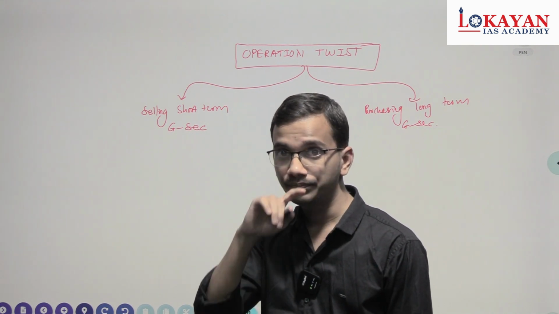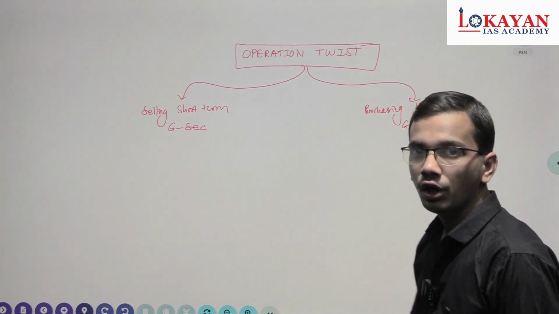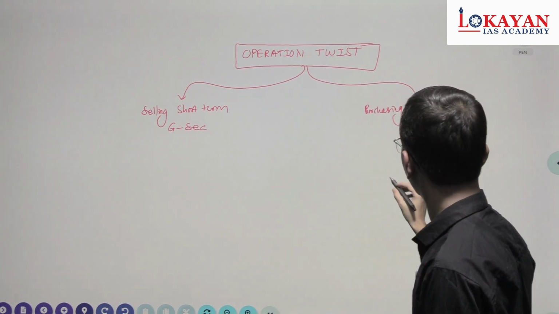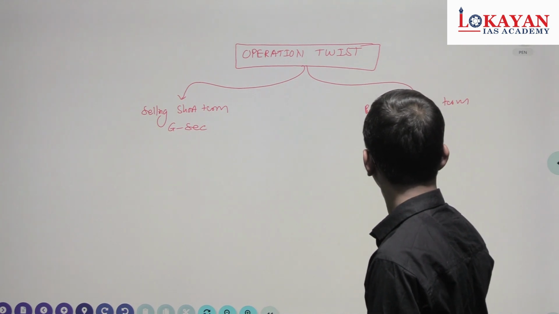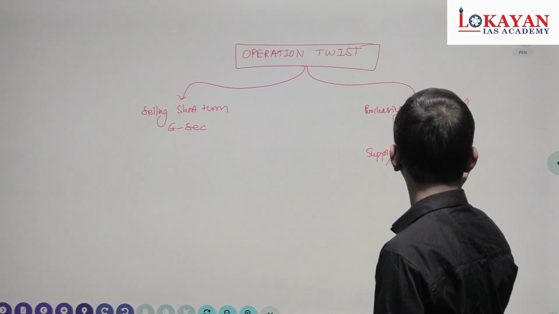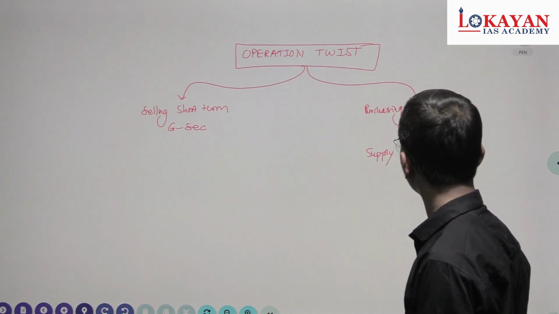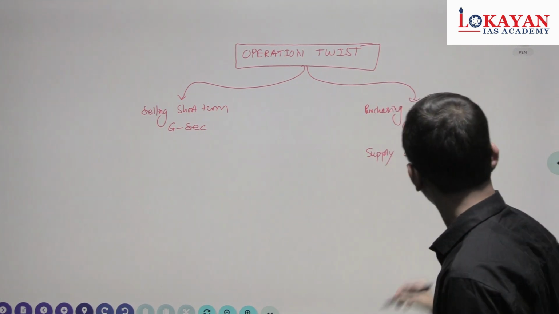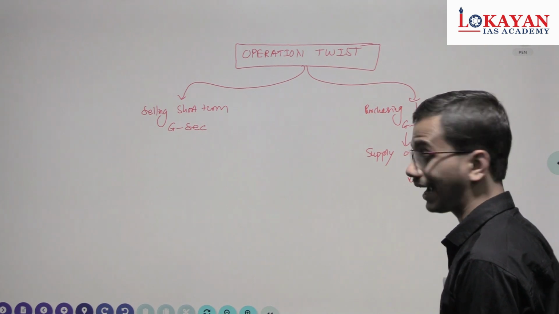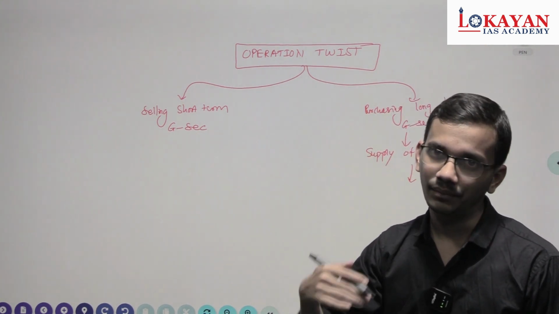So what will it do? First discuss this purchasing of long-term government securities. Supply of long-term government securities will reduce. So as supply reduces, the value will increase.